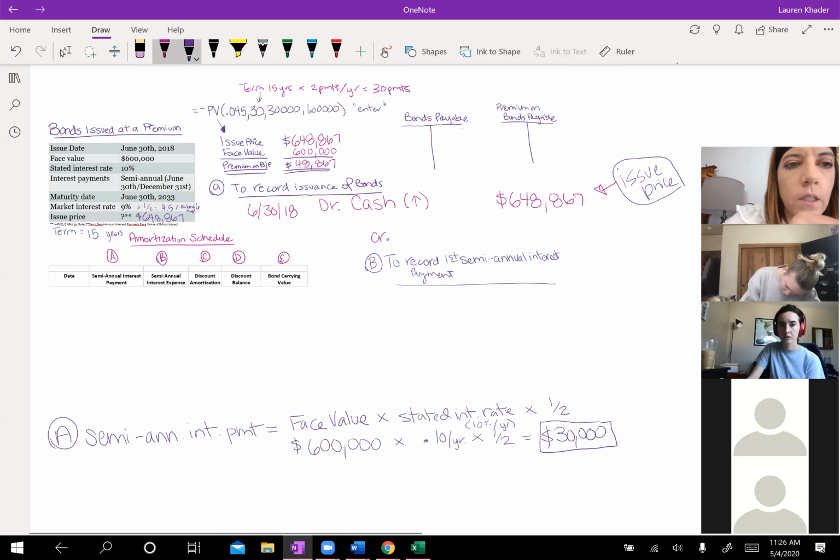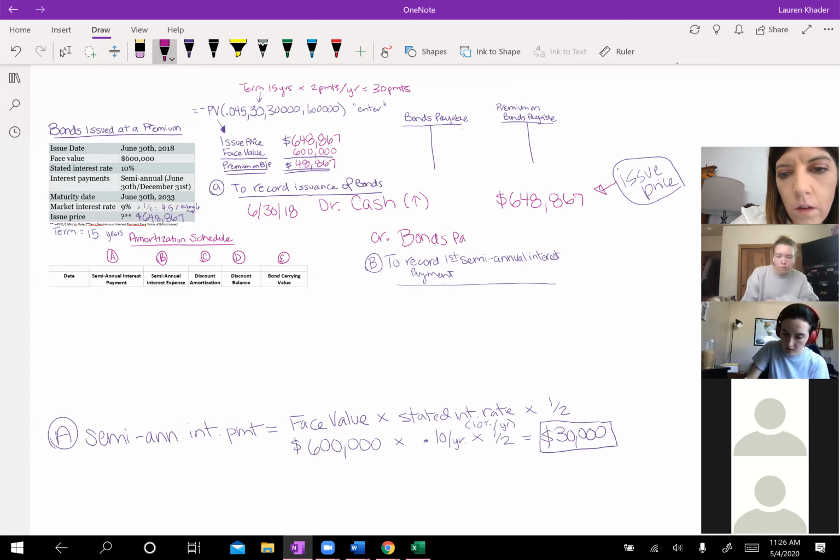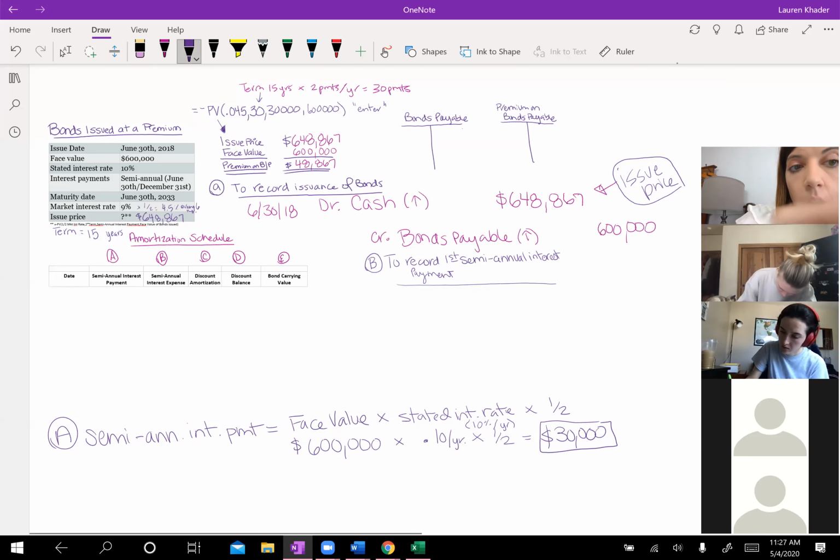And we're always going to credit which account? Bonds payable, correct. Increasing the payable, we now have a liability, 600,000. And we're always crediting bonds payable for the face value of those bonds that we issued.